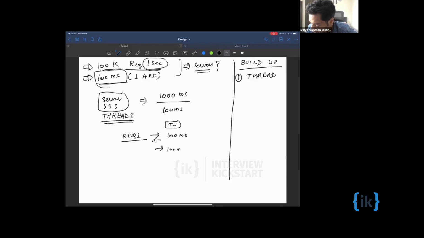It will take again 100 milliseconds and serve it back. If this exercise is done 10 times, 100 milliseconds into 10 is 1000, so this is 1 second. That means this one thread can serve 10 API requests in a second. I hope this part is clear.